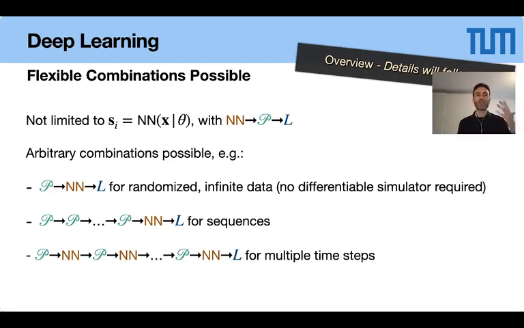You would imagine we always do a solver step, the network somehow modifies that state, another solver step, another network, and so on, until we compute a loss. Or in practice, you could, of course, also use intermediate parts here, so partially compute the loss along this chain. Long story short, basically any combination of neural network operations or solver operations and also loss operations is possible here, and we can compute the gradient in just the same way.